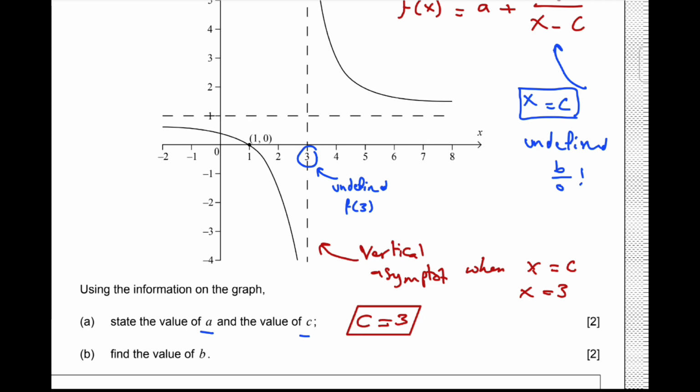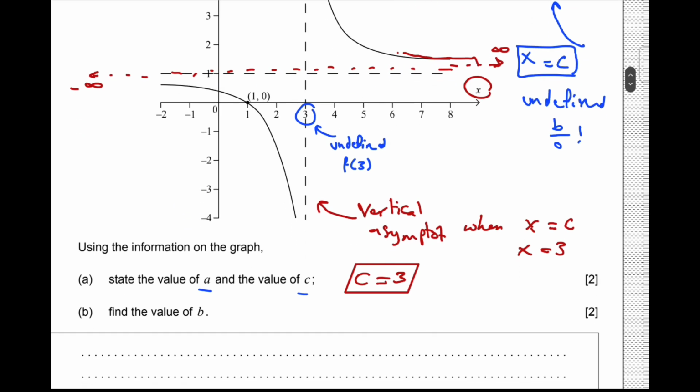What about the value a? So we know that as x goes to infinity or minus infinity, the curve approaches this asymptote, which is 1.